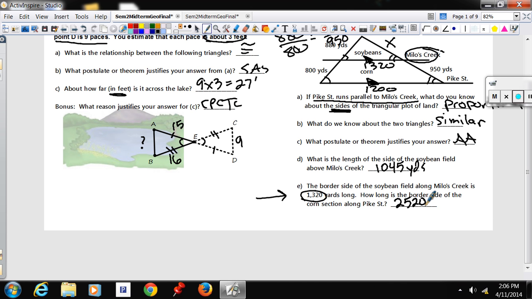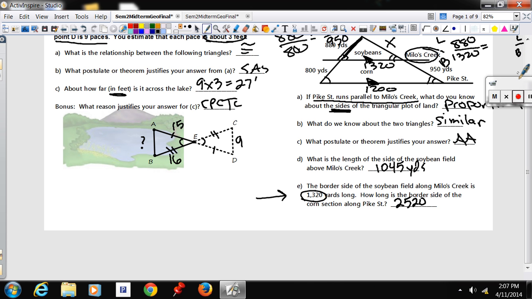And you've got to look at the two triangles. 880 is the left side of one triangle. 1320 is the bottom. So this is the left side over the bottom. On my big triangle, I need the left side over the bottom.